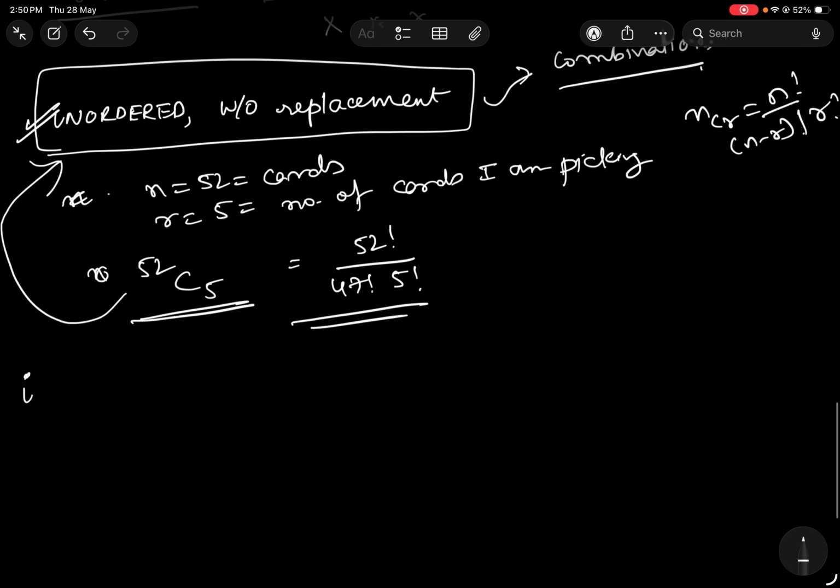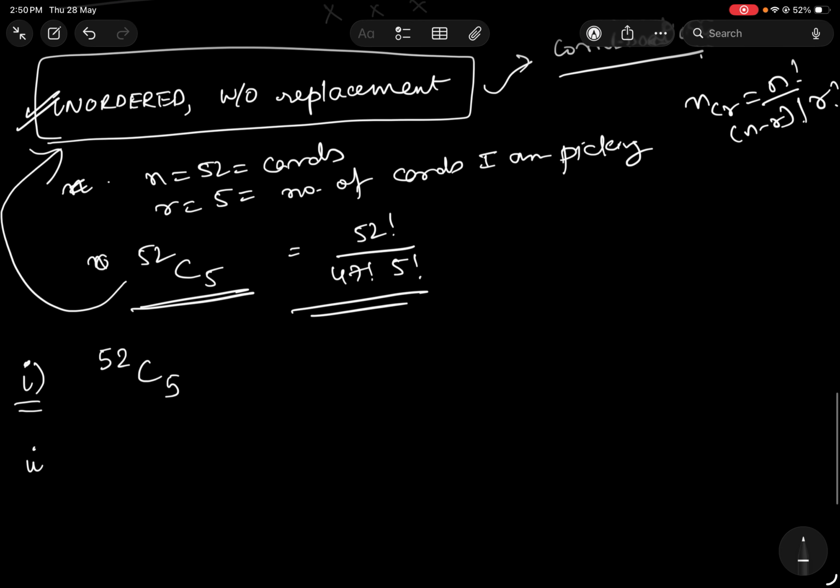If I write the first part, it is 52C5. I don't need to solve this, but it is a big number. You can definitely imagine this, right? I don't have to write everything down. I know that this is the total number of outcomes that are there. So this will be my denominator in all the probabilities I'm calculating.